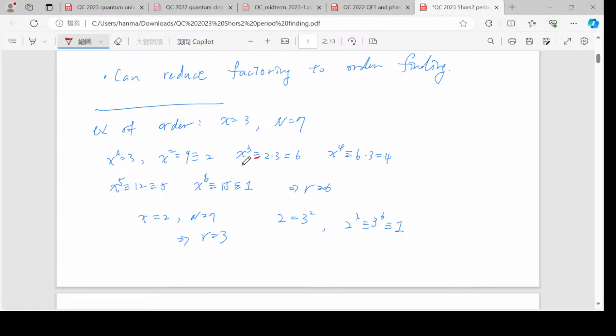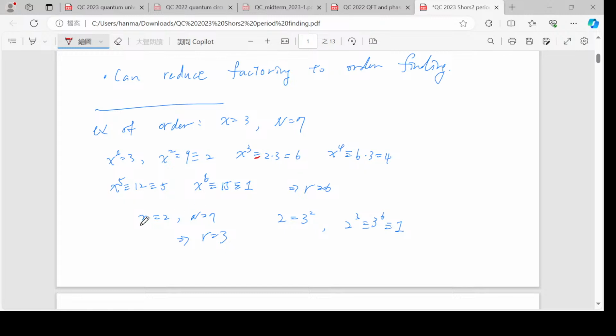So finally on the 6th one, you see this thing minus 7 becomes 1. And a quick check: you see x cubed here, you have 6, which is actually minus 1. And minus 1 squared becomes 1, so things kind of check out. Anyway, here we see the smallest number r such that x to some power equals 1 mod 7, and that's 6.